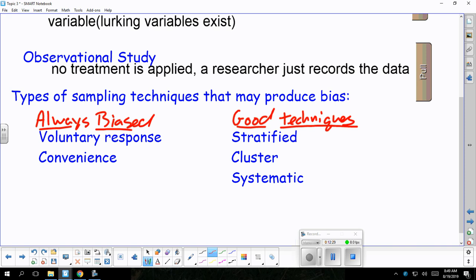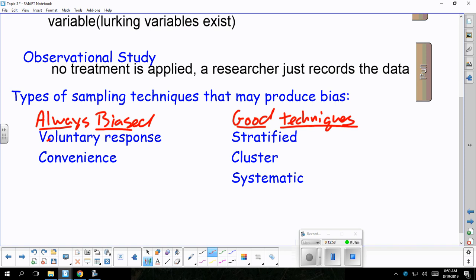If you're the type of person like, I don't really care, are you going to go out of your way to fill out an online survey or call in to that show? No. You typically have strong opinions, and they're typically negative opinions about whatever subject matter is being approached. So over many of these types of surveys, they found that there's a consistent overestimate of a negative response from voluntary response.